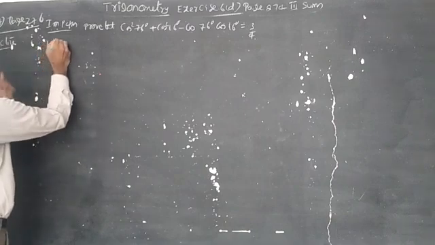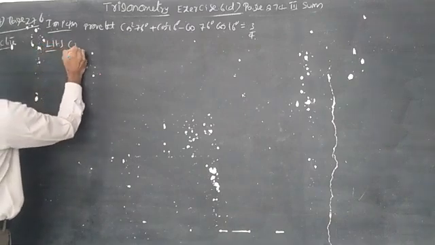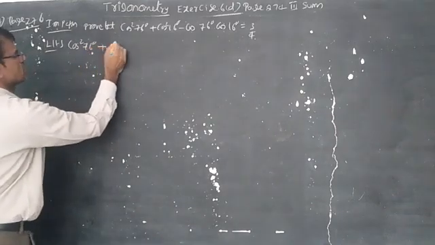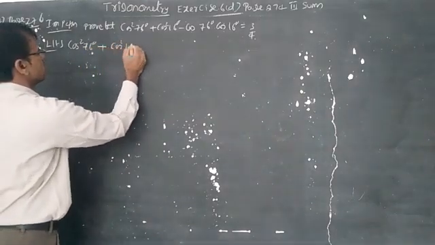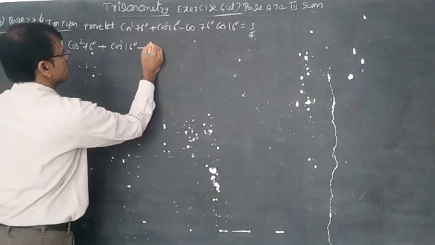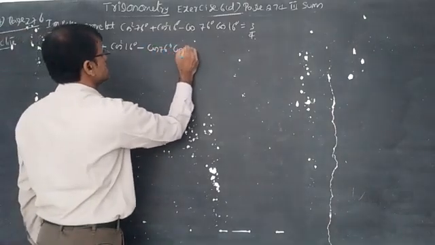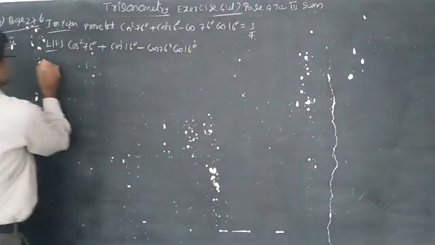Take LHS: cos square 76 degrees plus cos square 16 degrees minus cos 76 degrees into cos 16 degrees.